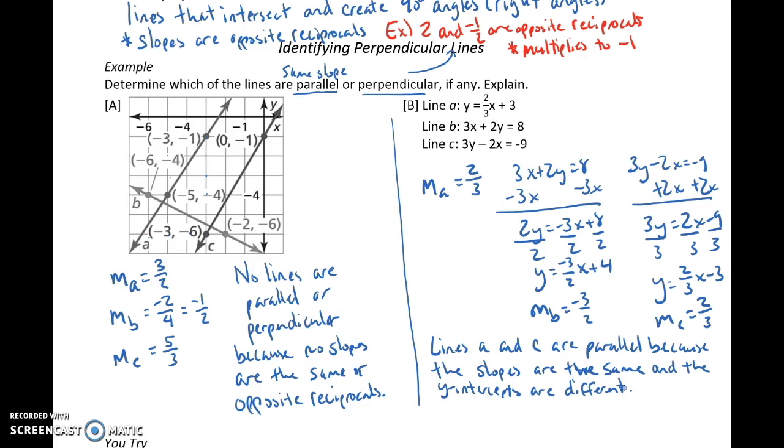And then something else I'm going to notice is, look at this slope for B. It's -3/2. Well, that's the opposite reciprocal of 2/3, because 2/3 times -3/2 equals -1.